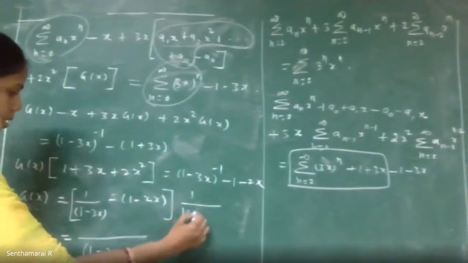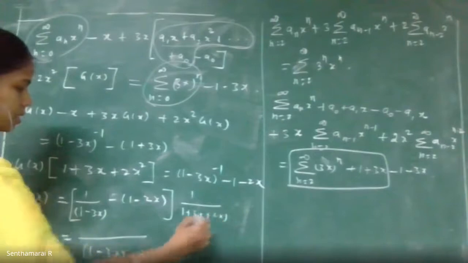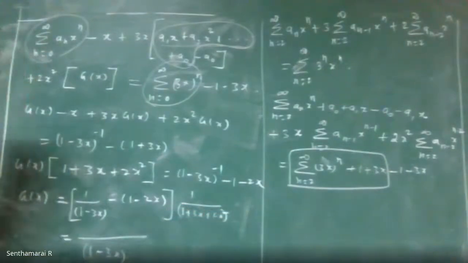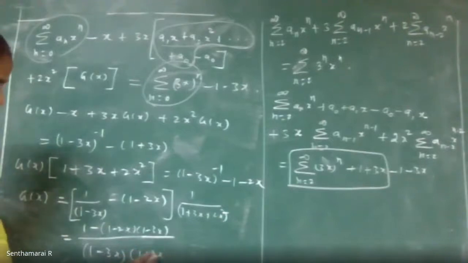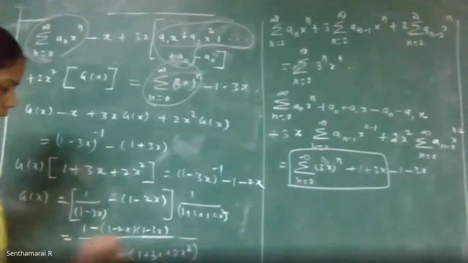So 1 plus 3x plus 2x squared. Okay. Now it comes like that, 1 by 1 minus 3x. Here when I cross multiply the thing, 1 minus 2x into 1 minus 3x. In the denominator itself, 1 plus 2x, 3x plus 2x squared. I got like that.